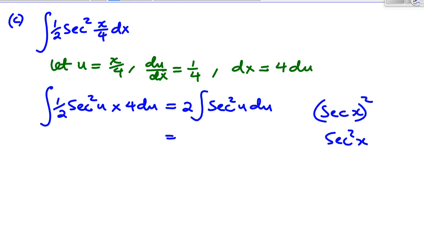Now we know that the integral of this is tan x. So our solution here will be 2 tan u plus c, which will be 2 tan whatever u is. So 2 tan x over 4 plus c.